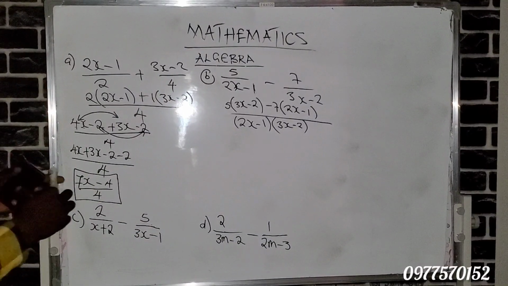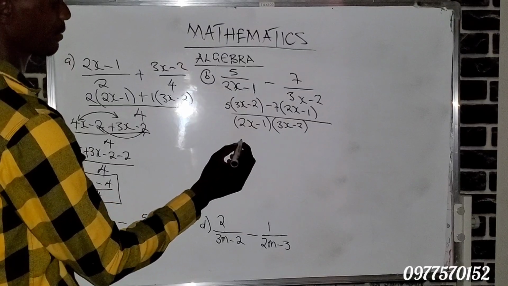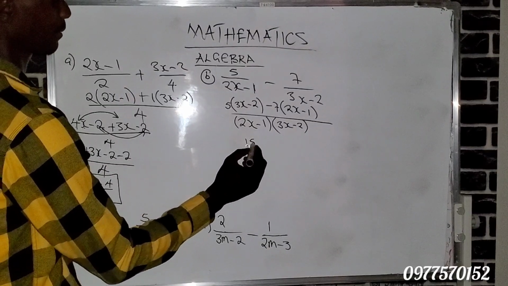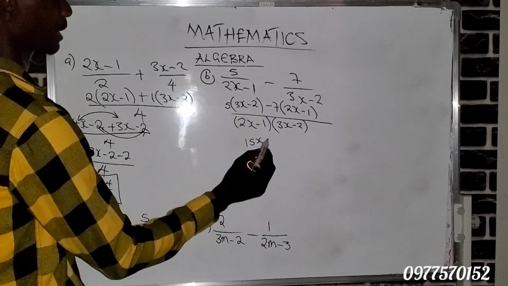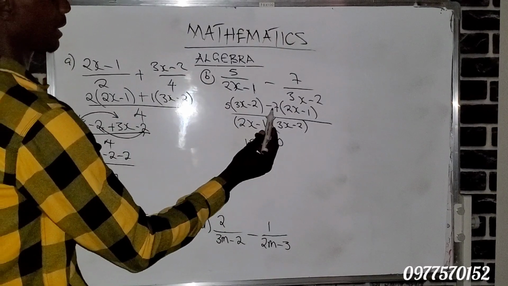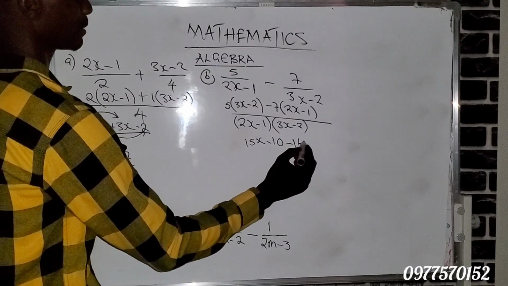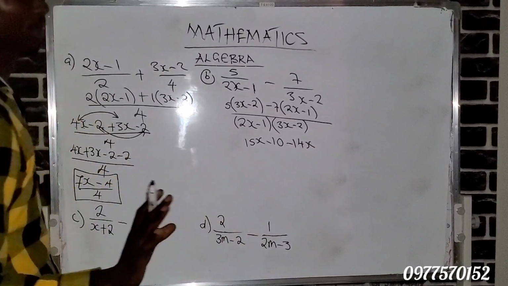From there you can expand, right? 5 times 3x, 15x. 5 times negative 2, negative 10. Negative 7 times negative 2, 14. Yes. And this is where the catch is.